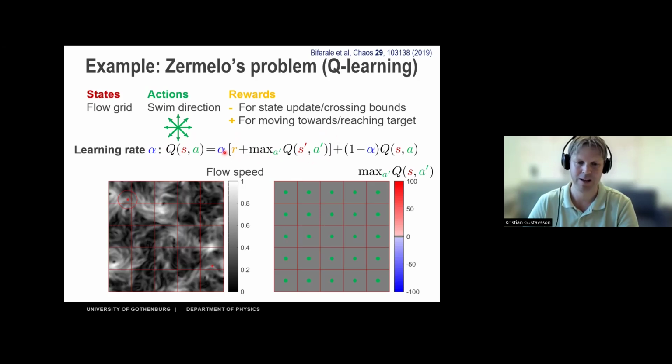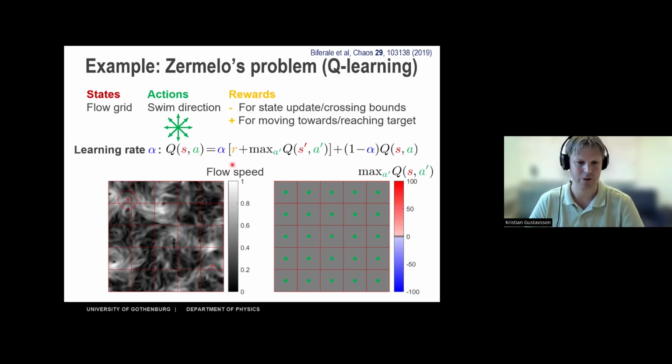But now if we put a smaller number, 0.1, say, then we will keep 0.9 of what we learned before, and then just add the new information with a smaller weight. So this is something we need to do when we have a stochastic transition between states.